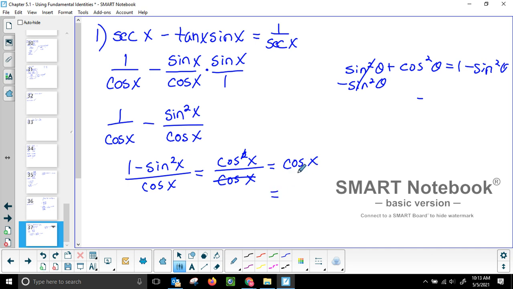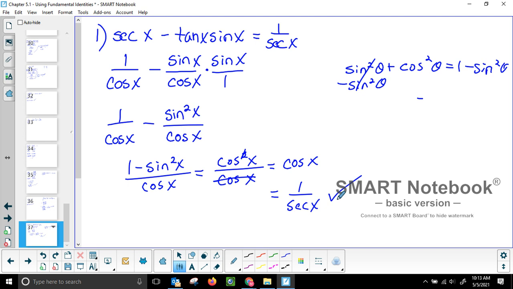That's really easy. Cosine of x, according to one of our reciprocal identities, is 1 over secant x. Okay, we got to exactly where it told us we're supposed to get to, so we have verified that trigonometric identity.